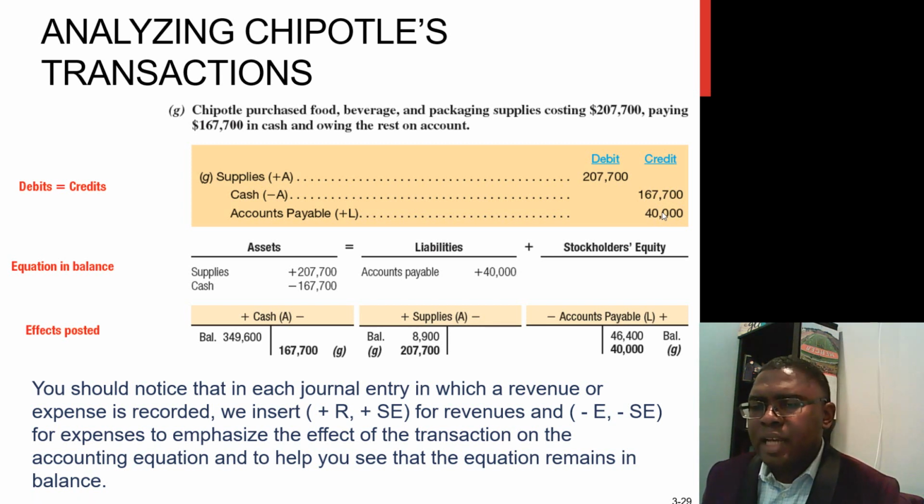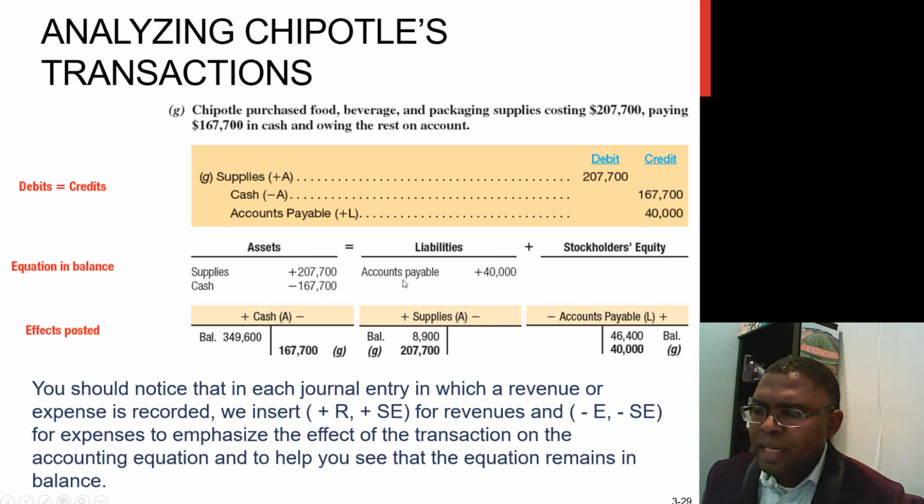After a journal entry, we need to be sure that the accounting equation balances. So we are going to come to the asset side and we state all the asset accounts. We have supplies, that was a debit, so it is positive. And then we have cash. Cash went out, so it is negative.